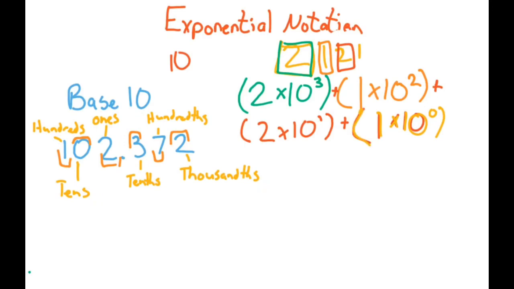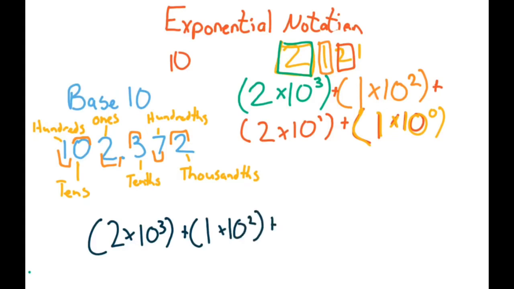So our final answer would look like this. 2 times 10 to the third plus 1 times 10 squared plus 2 times 10 to the first power plus 1 times 10 to the 0th power.